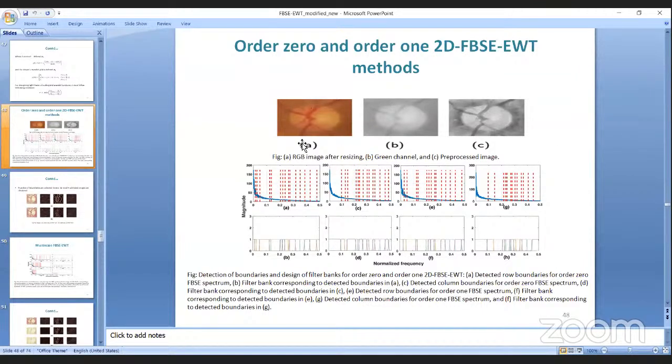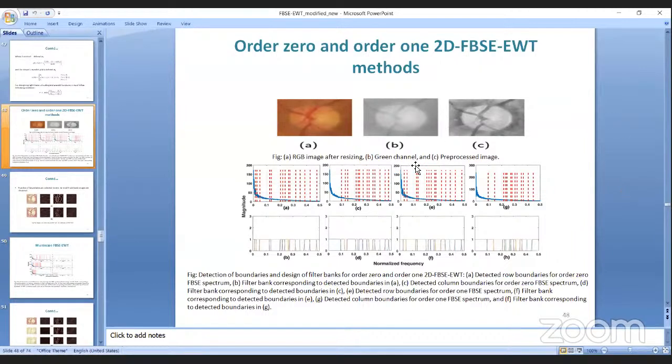This is the RGB image after resizing. In the literature, the green channel has given better performance for the diagnosis of glaucoma. When you have a fundus image, you can decompose it into three colors: the red channel, the green channel, and the blue channel. The green channel has given better performance, so for this reason we have selected the green channel.